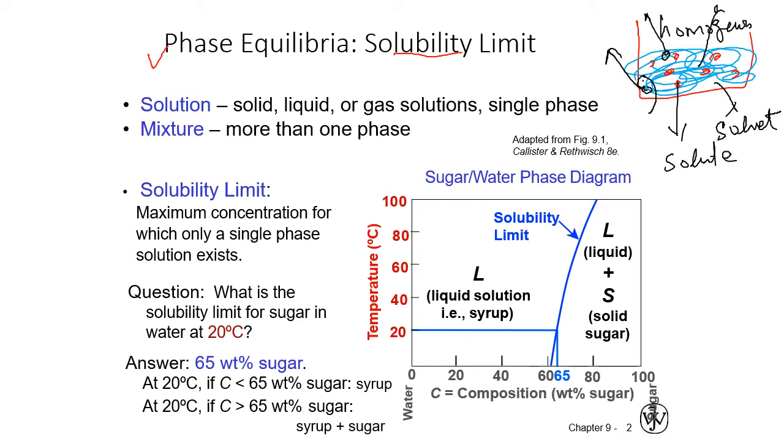So a mixture and a solution are two distinct quantities, right? A solution is a type of mixture. The homogeneous mixture is called a solution, and the non-homogeneous mixture is composed of two or more phases, right?